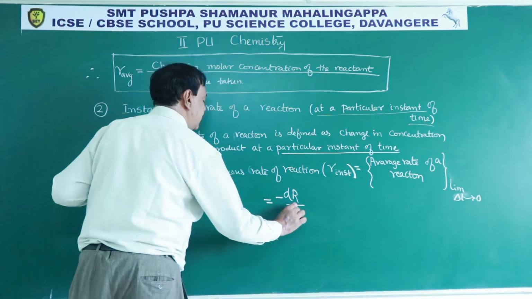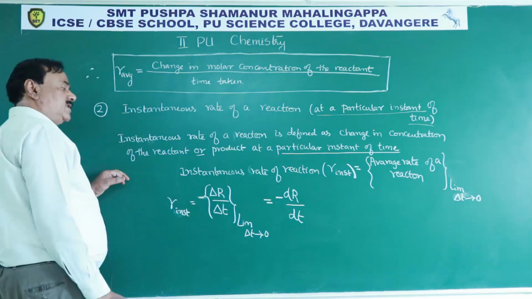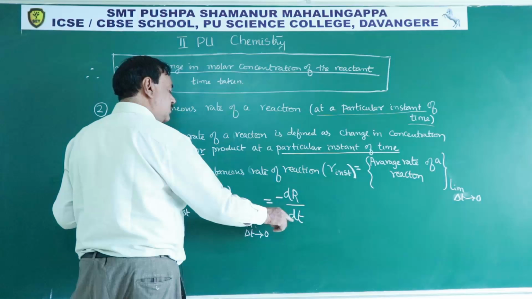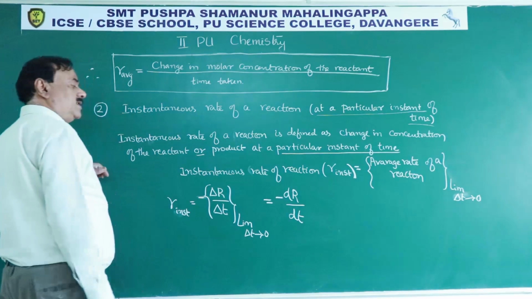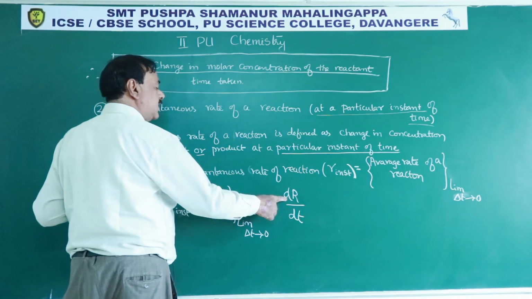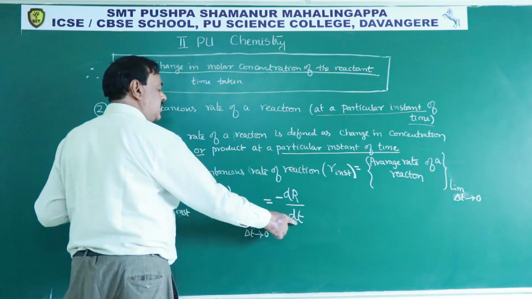That is the decrease in molar concentration of the reactant with respect to dt, where d stands for the decrease in concentration of the reactant with respect to the change in time.